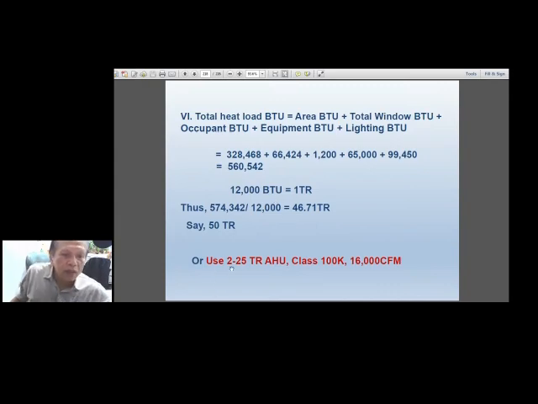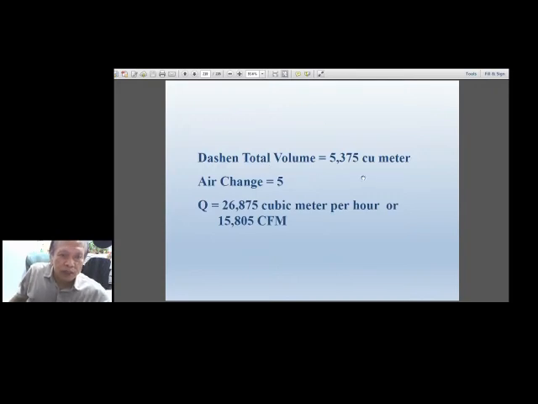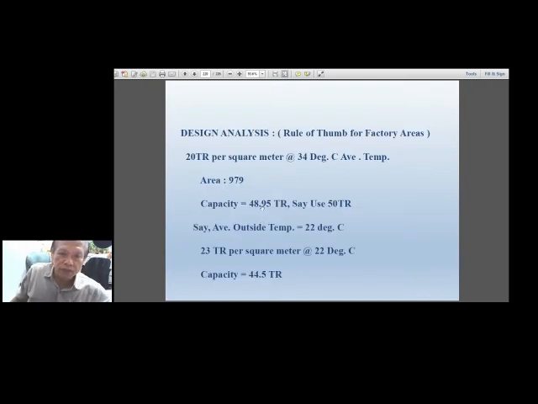Okay, then use 2 units 25 tonner, class 100,000. Okay. Capacity or the flow is 26,875 cubic meter per hour or 15,805 cubic feet per minute. Rule of thumb for factory areas, 20 tonner per square meter. So instead na 15, 20 tonner naman.